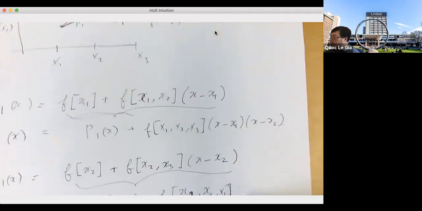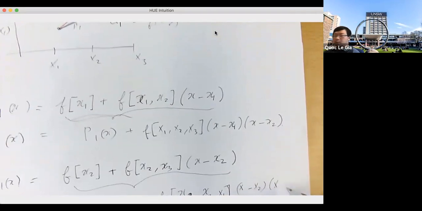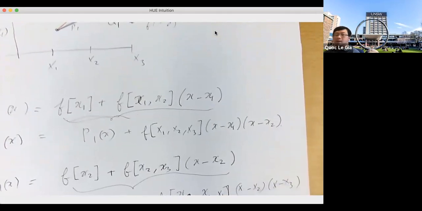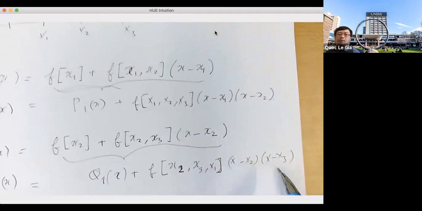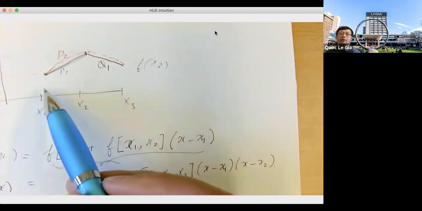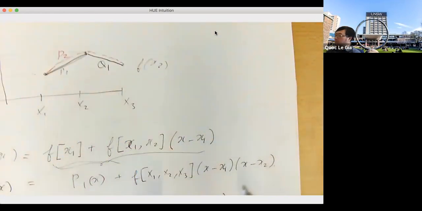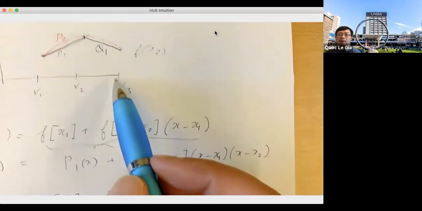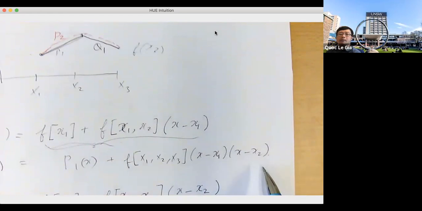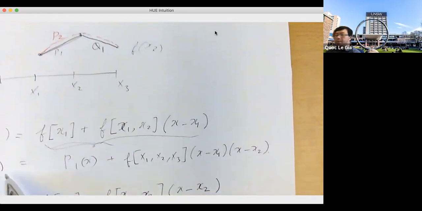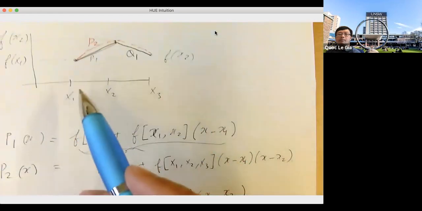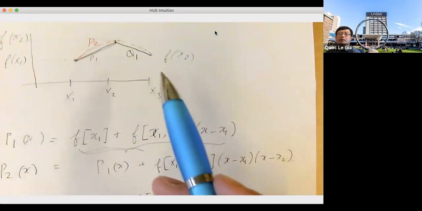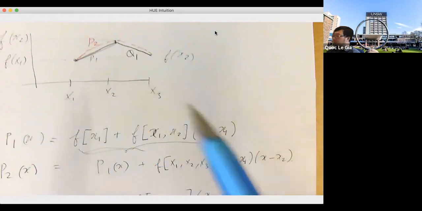This term will be (x minus x2)(x minus x3). There's no x1 here because x1 is the last point, and you never include the last point in the Newton form. Before, when you went from the left, x3 was the last point, so you don't include x3 in the final form. However, it's still P2, the same parabola that goes through 3 points.